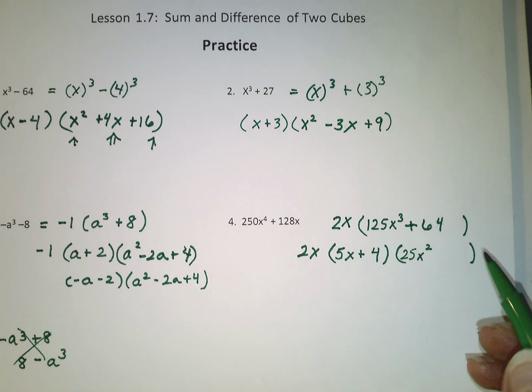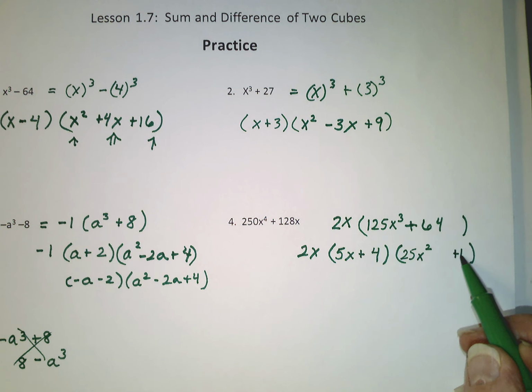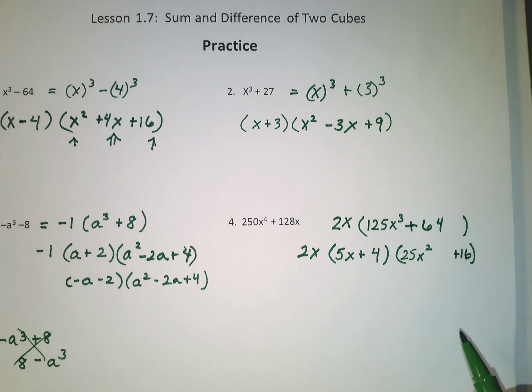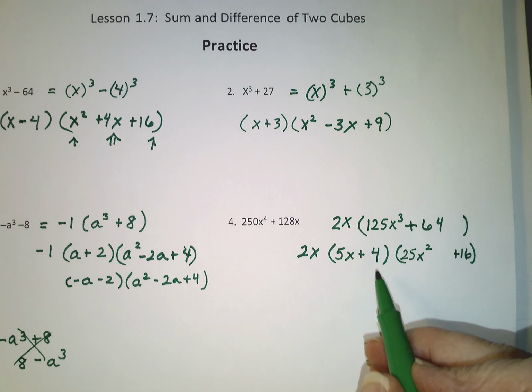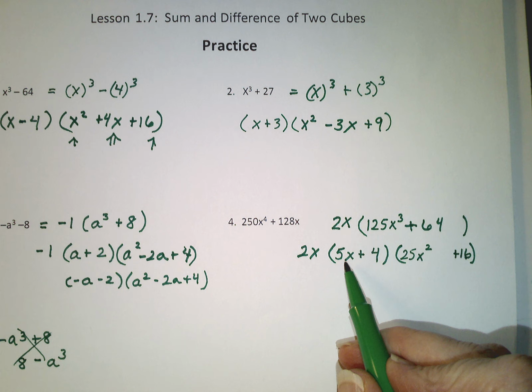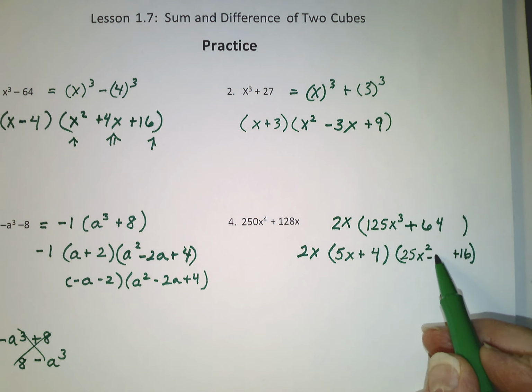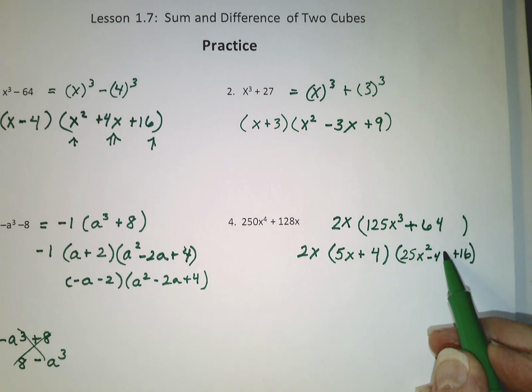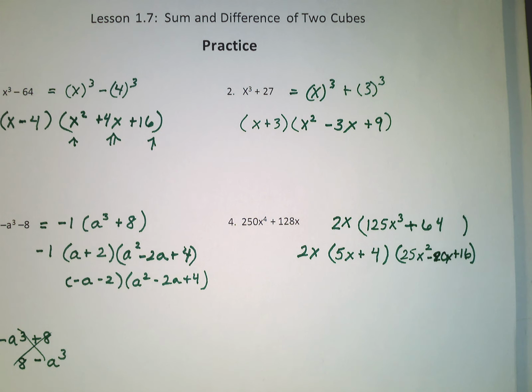Positive 4 to get a positive 64, we'd have to have a positive 16. And in the middle, we would multiply these two together and then change the sign. So that would be negative 20x. And that would be the factorization. And it's time to move on to the next topic.